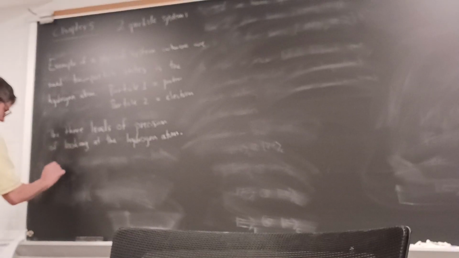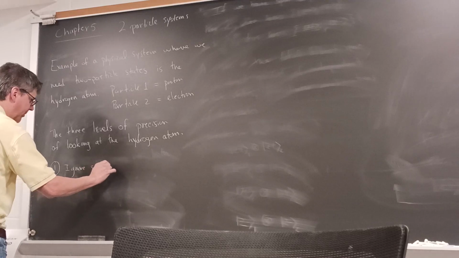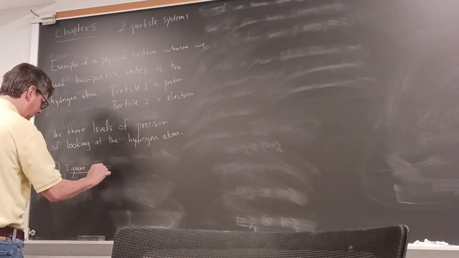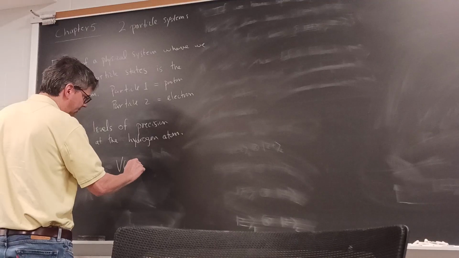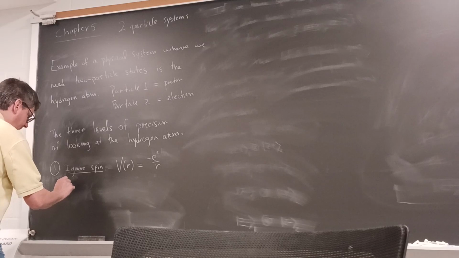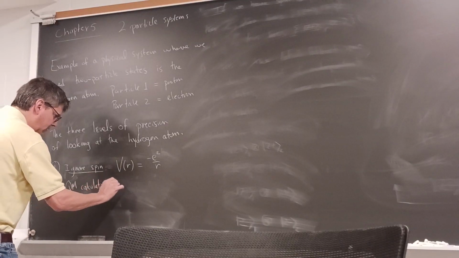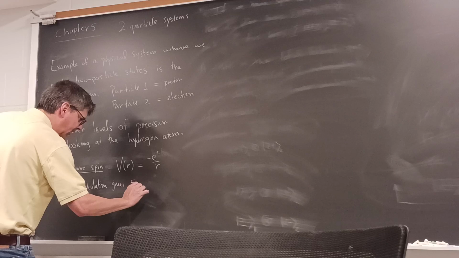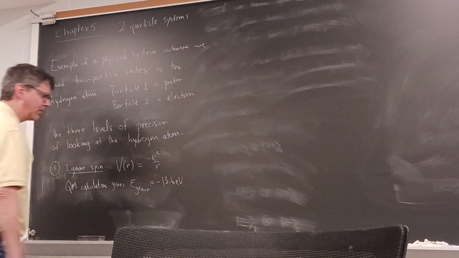And the first one is just to ignore spin altogether. So we'll just ignore everything that we wrote down. And here you have a central potential that's just minus e squared over r. And this gives a quantum mechanical calculation, which we'll do later, that gives the ground state energy of minus 13.6 electron volts.